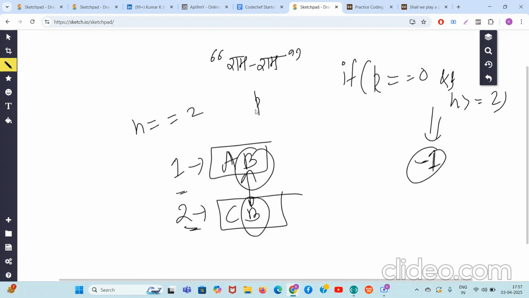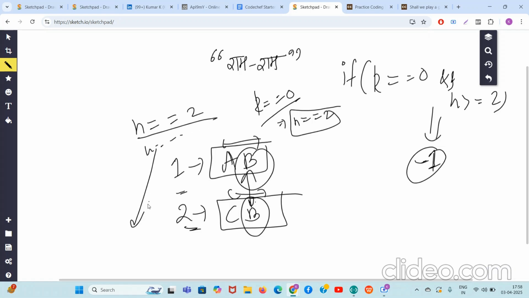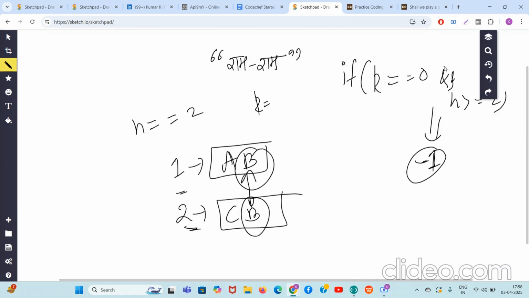So guys, if K is 0 and they are telling you to make two strings of length 2 such that none of the adjacent characters match, and also the longest common subsequence, the common characters in both of them, should be 0, this is not possible with ABC. So it's not possible for n equal to 2, n equal to 3, or any n except n equal to 1. So for k equal to 0, n greater than or equal to 2 is impossible. So these many cases we have solved.